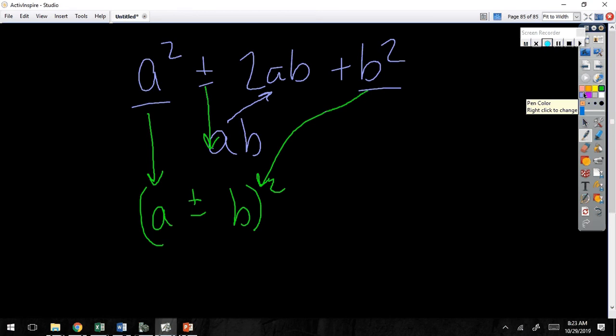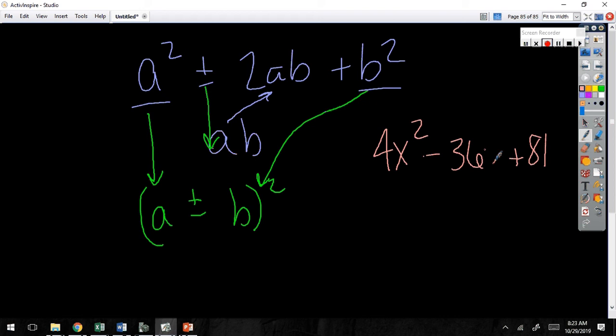So for instance, if I had 4x squared, plus 81, minus 36x. Is that a perfect square trinomial? Is this a perfect square? Is this a perfect square? What's the square root of 4x squared? 2x.